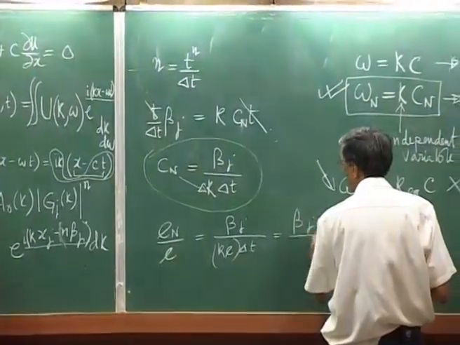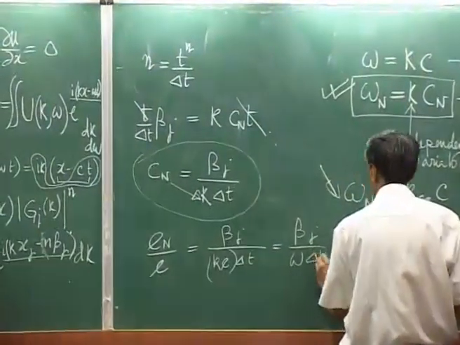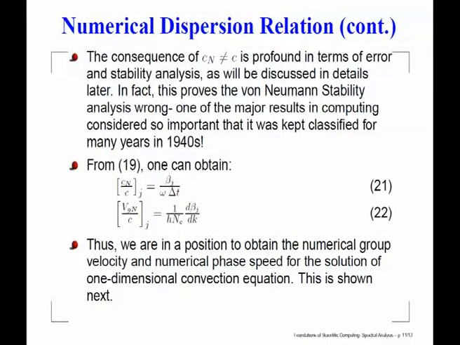So, beta j by omega delta t. That is what we have written here in 21. This is the consequence of numerical activity: you do not see C n by C equal to 1, but it becomes beta j by omega delta t.